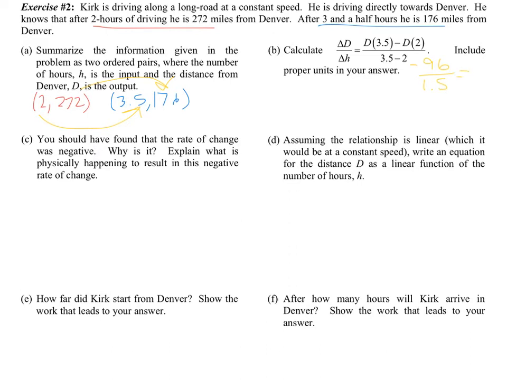So negative 96 divided by 1.5 is negative 64. So it's going 64 miles per hour. You should have found that the rate of change was negative, right? Because you go from farther away from Denver to closer to Denver. It's talking about how close you are to Denver.